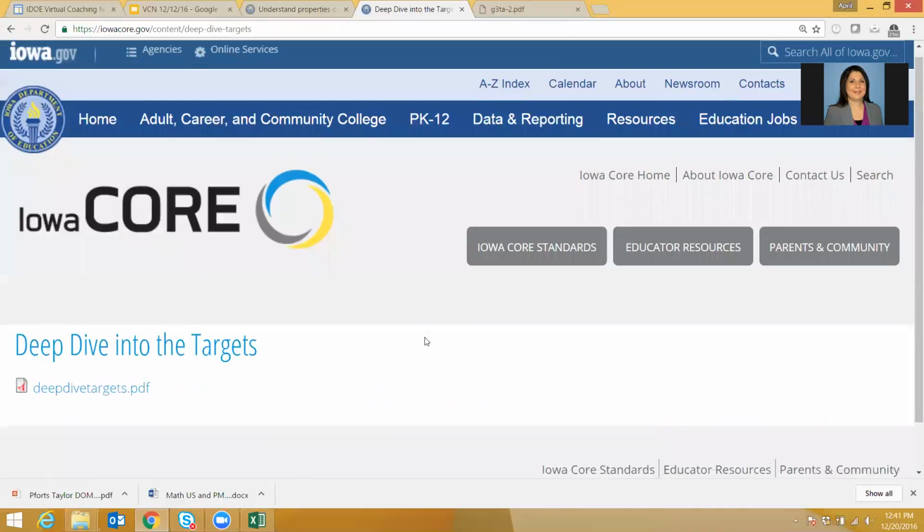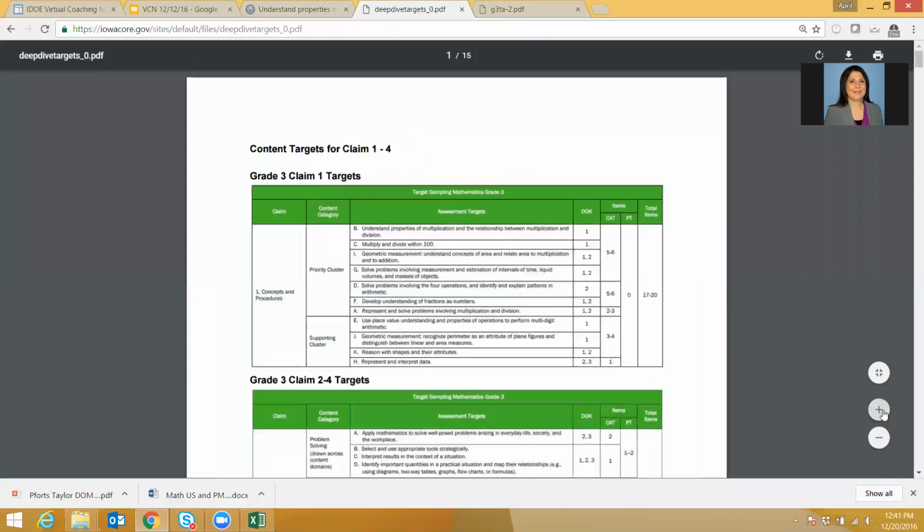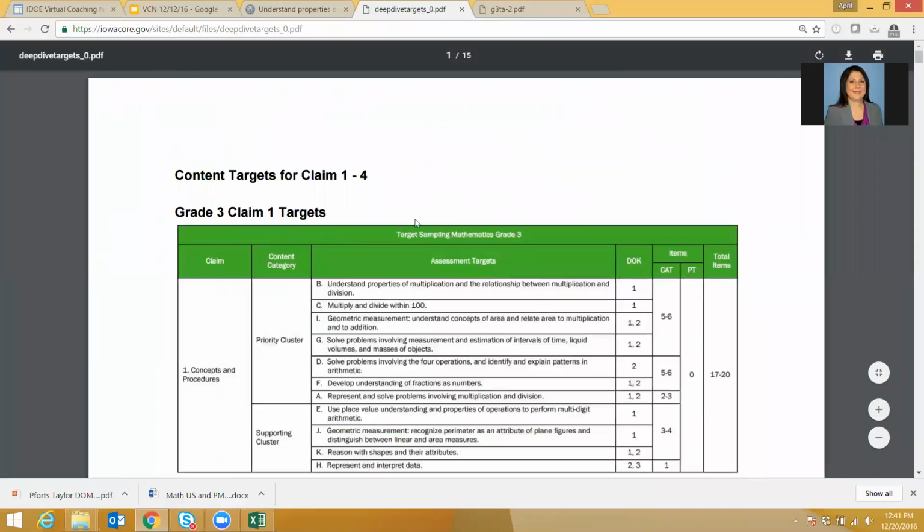On this target, for those of you that are wondering, let me open this up, and we're just going to look at 3rd grade. So, claim 1 targets. You'll see that under the priority clusters, we have these letters listed. These are the same letters from the previous page. So these are all the ones that will have an M on the previous page, or we say these are our priority clusters.